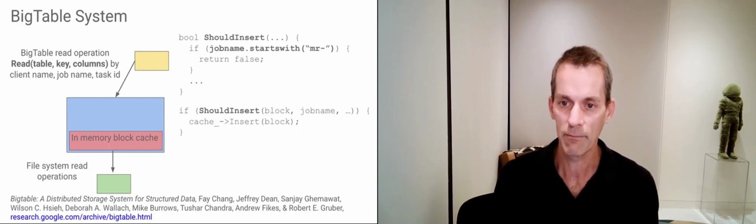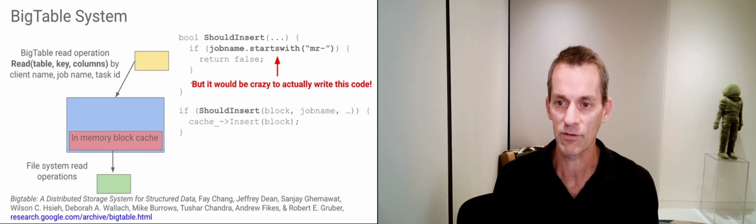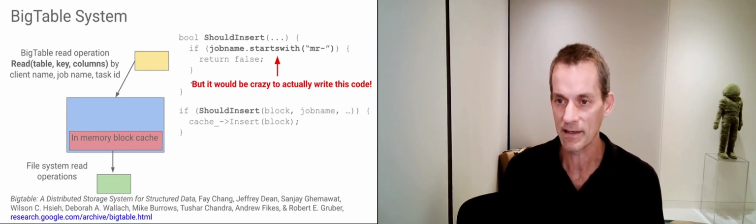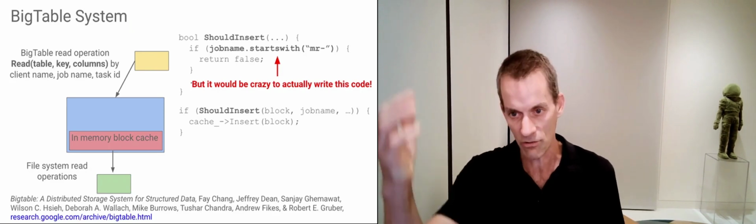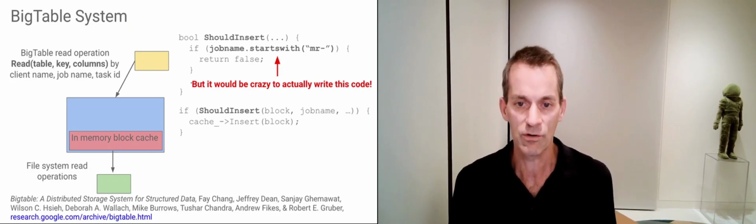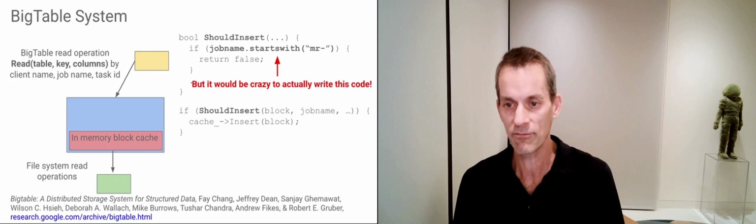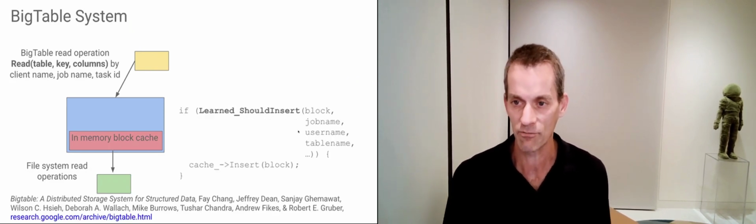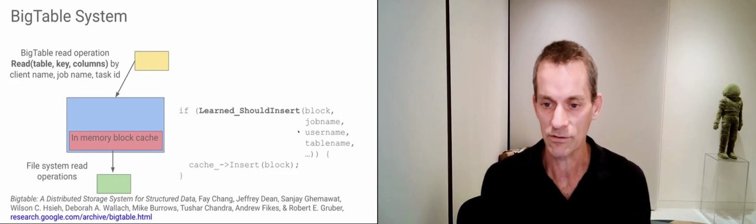So we could implement should insert, and say if the job name starts with MR dash, indicating it's a MapReduce operation over a bunch of data, then maybe we shouldn't cache it. MR dash is a common convention for MapReduce jobs within Google, so we return false.